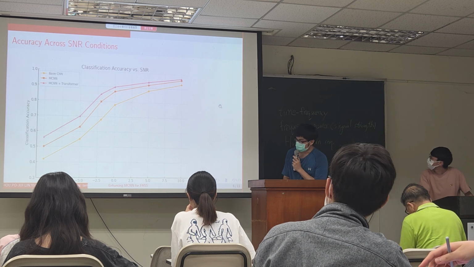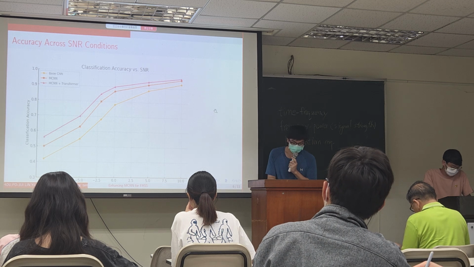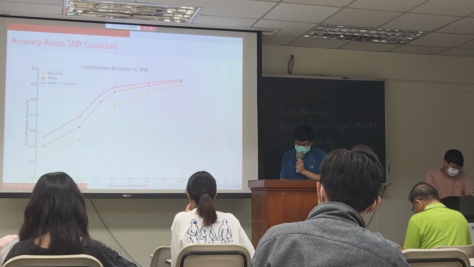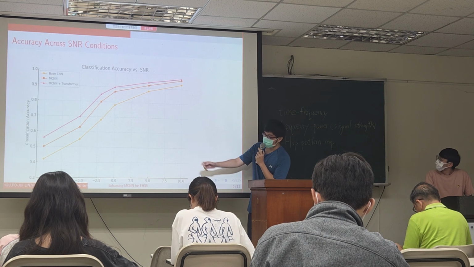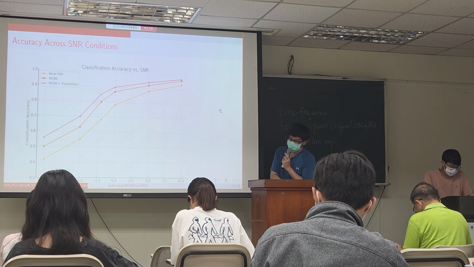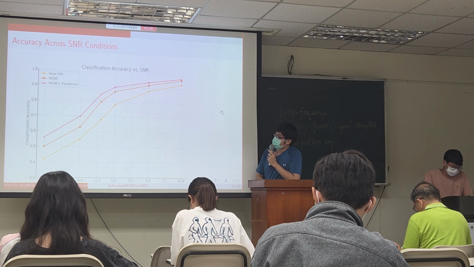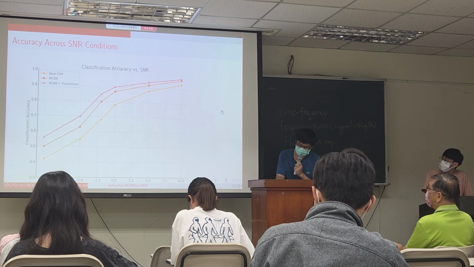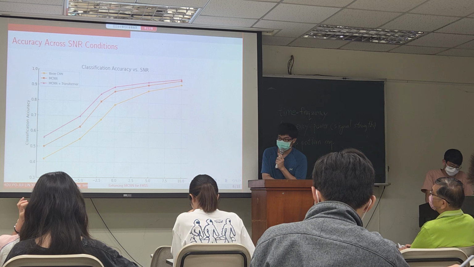Okay. In these tables, we can compare the performance of three models. The yellow one is the base CNN, the orange one is MCNN, and finally, the magenta one is MCNN plus transformer. That's our model.